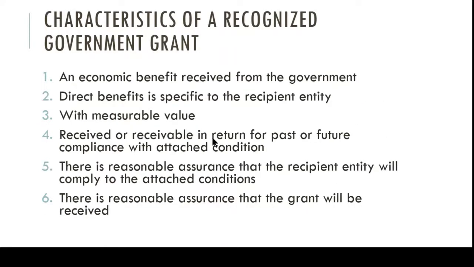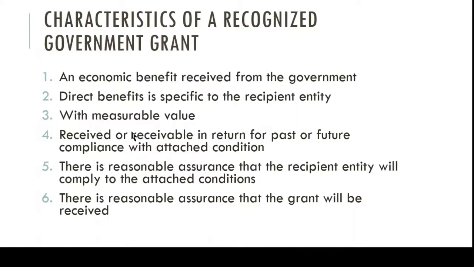So what are the characteristics of a recognized government grant? It should be an economic benefit that is received from the government. It could be in the form of an asset because it's an economic benefit, or it could be direct benefits that are specific to the recipient entity. It should be measurable.